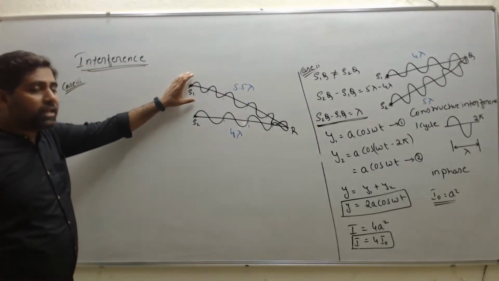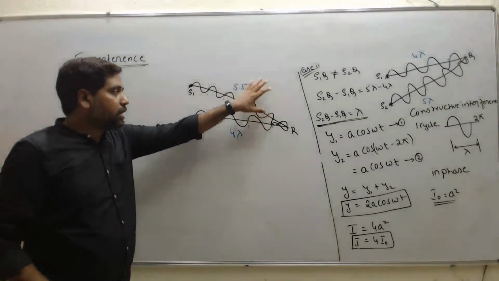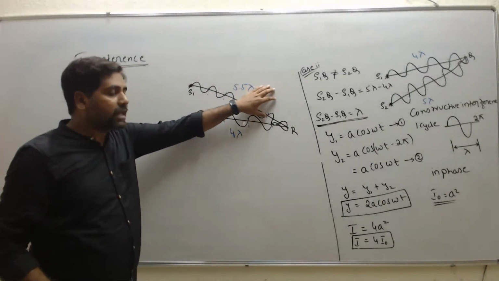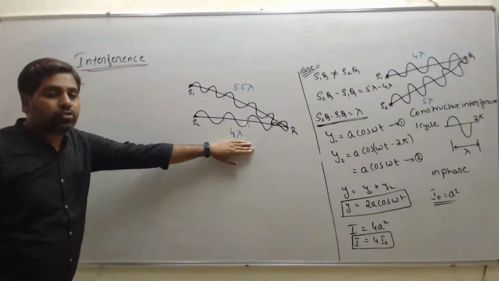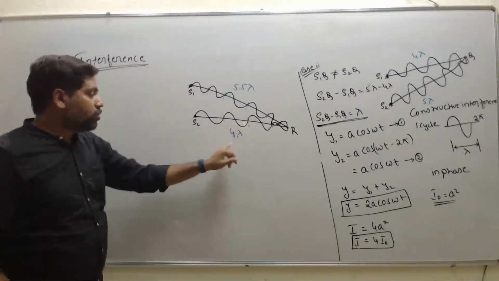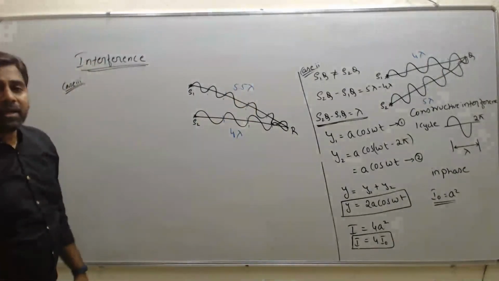That's why the wave from S1 is delayed by 1.5 cycles relative to S2. So S2 has 4 lambda and S1 has 5.5 lambda.